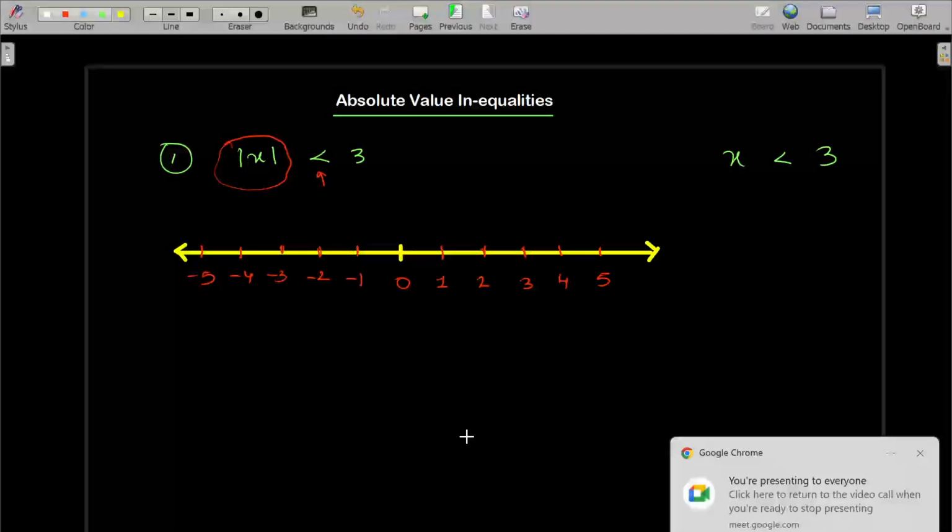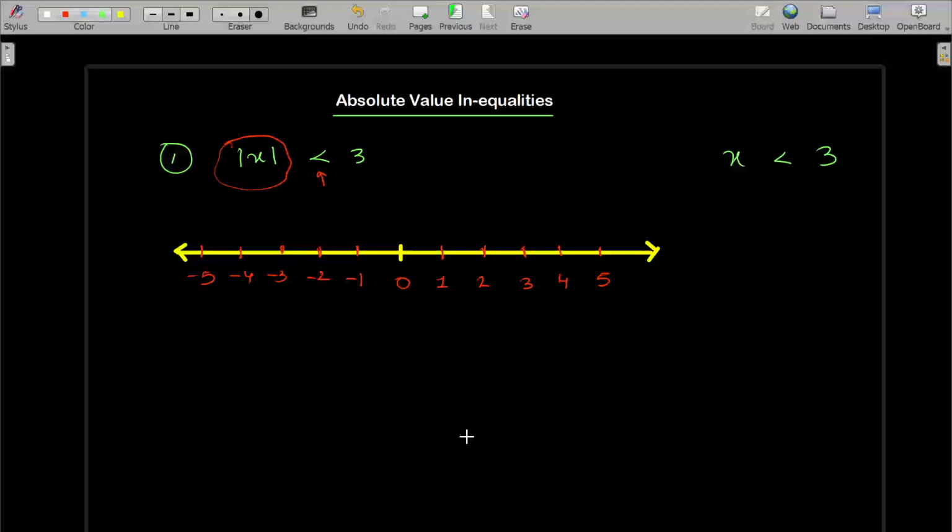So can you think of a point whose distance from 0 will be less than 3? So here we have 3. If you take the distance of 2 from 0, that will be 2, which is less than 3. If you take the distance of 1 from 0, that is going to be 1, which is less than 3.